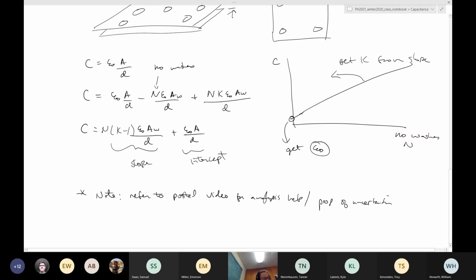Okay. Do you guys have any questions about this lab or what I've proposed for you? Questions about caps and whatnot? Do you have to take 10 measurements of both the areas and then just take the average of that?